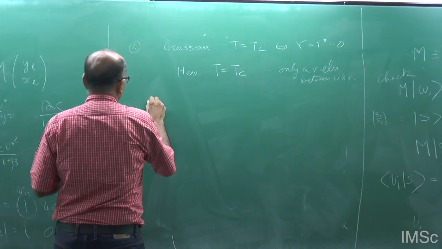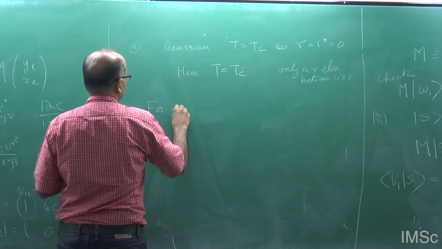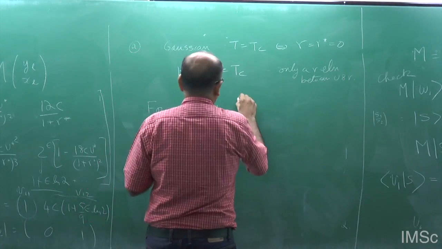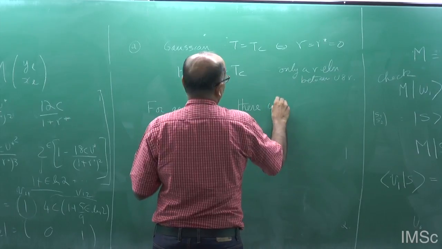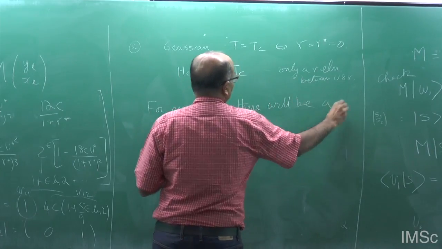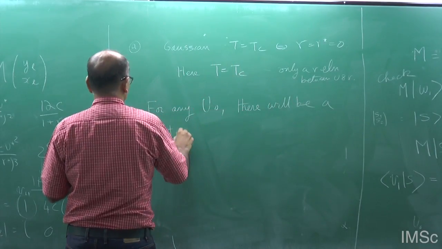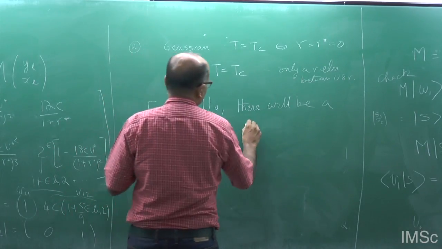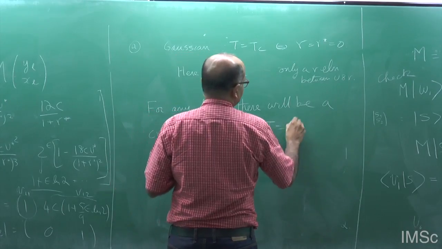So for any u naught, there will be a critical r naught c such that t equals Tc.